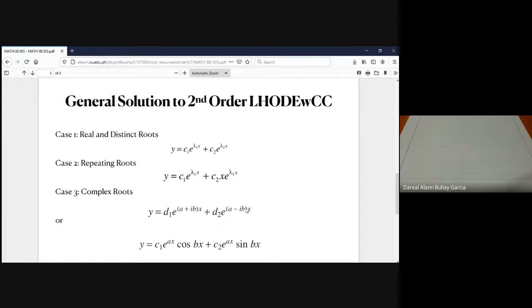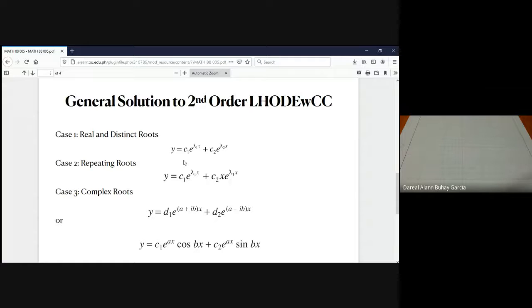Okay? So first case, if atong roots kay real and distinct. So let's say for example, lambda 1 is equal to 1 and lambda 2 is equal to 3. No? So those are real values and those are distinct. Meaning lahi-lahi sila di sa repeat, and real values meaning walay square root of -1 or walay i.